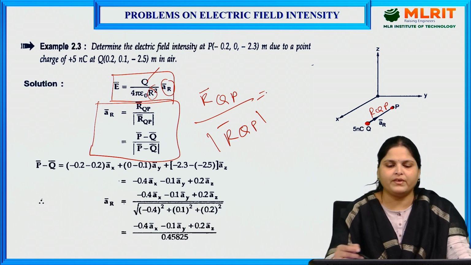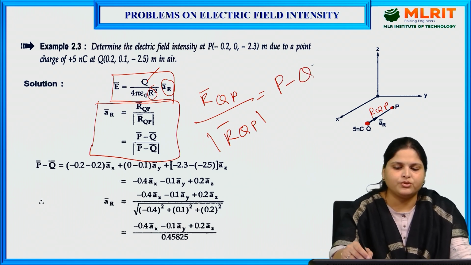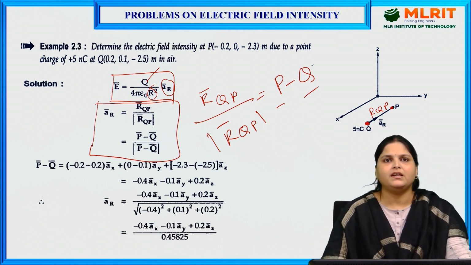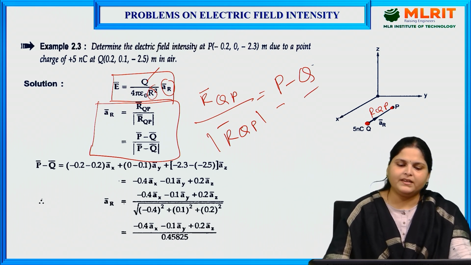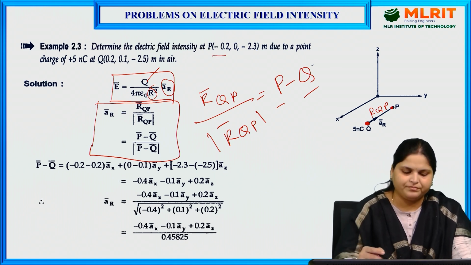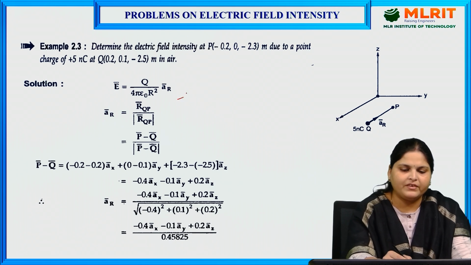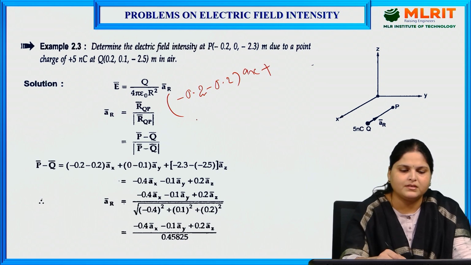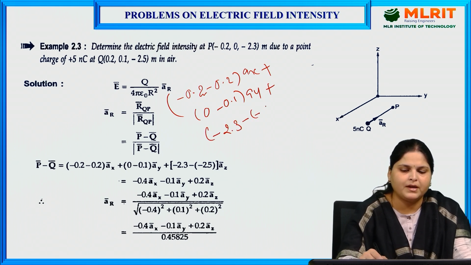It is obvious that we will take P minus Q, means P coordinates minus Q coordinates in x, y and z directions respectively. So we will write the P point like this. We will write the equation as minus 0.2 minus 0.2 AX plus 0 minus 0.1 AY plus minus 2.3 minus minus 2.5 AZ.